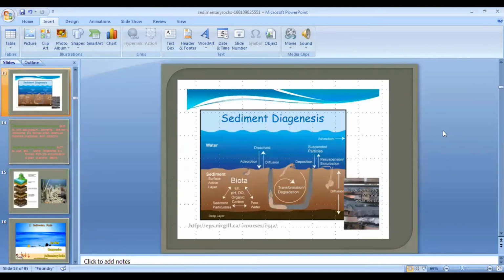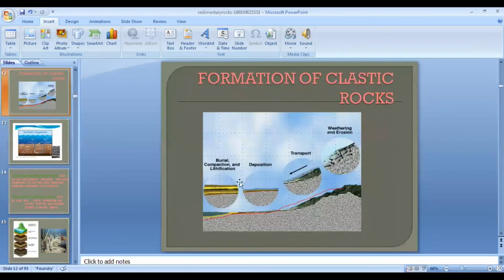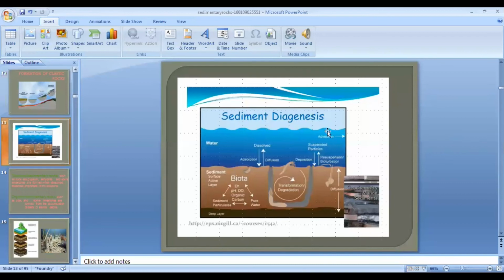So here we have a simplistic diagram of how diagenesis happens. So this is the water. Just consider this thing, and we just try to enlarge that here. Here we have water coming in. This water is always present, and these are the recently deposited sediments.